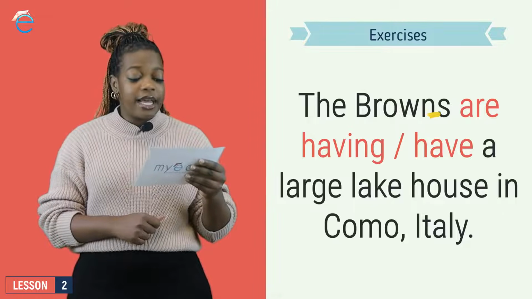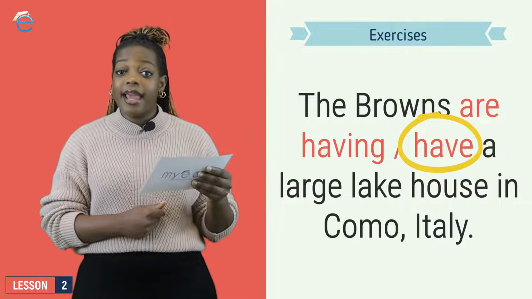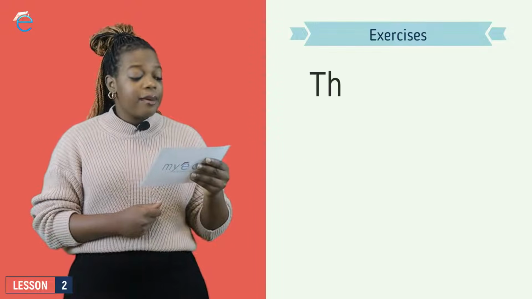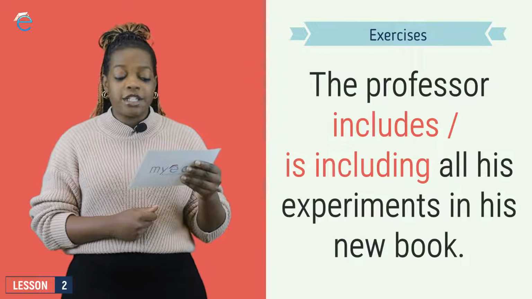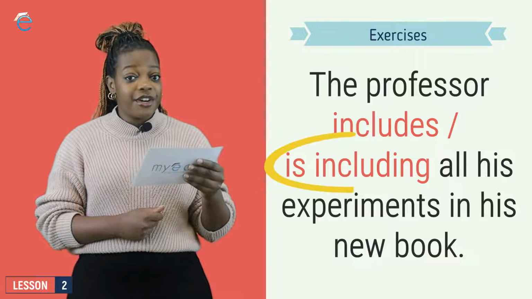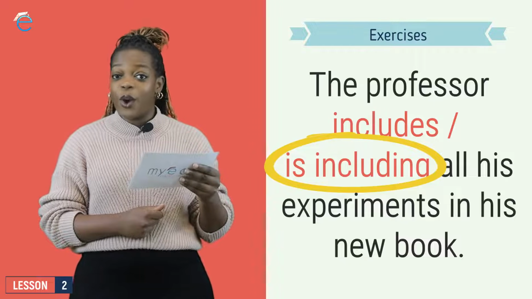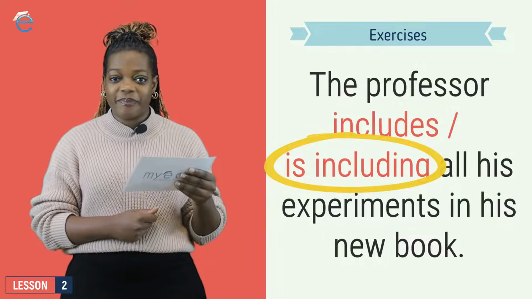The Browns have a large lake house. Number 8, the professor is including all his experiments in his new book. The professor is including all his experiments in his new book.